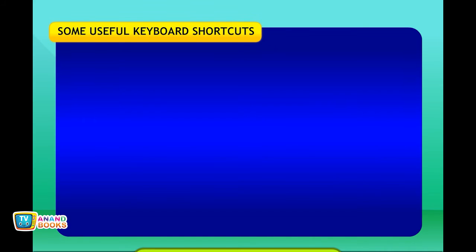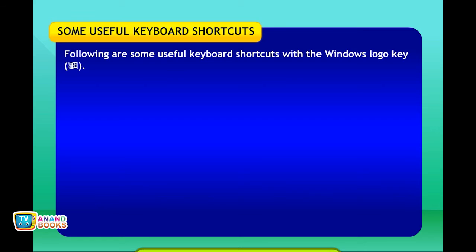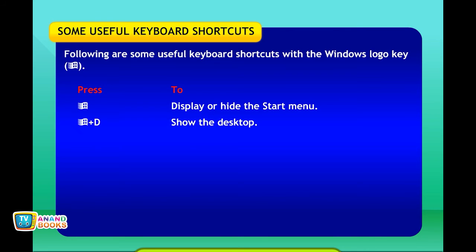Some useful keyboard shortcuts. Following are some useful keyboard shortcuts with the Windows logo key. Press Windows to display or hide the Start menu. Windows plus D to show the desktop.